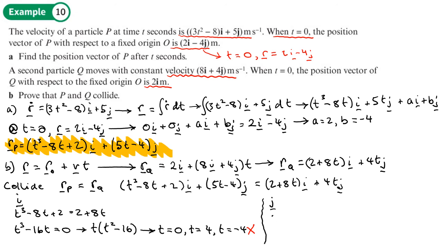So that will be 5t minus 4 equals 4, so 5t minus 8 equals 0, which means t equals 8 over 5. Spotted a mistake. Let's go back.